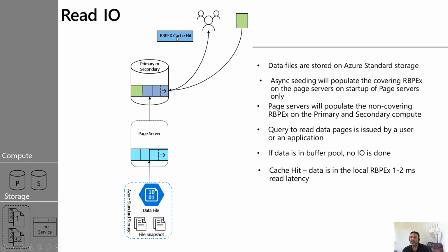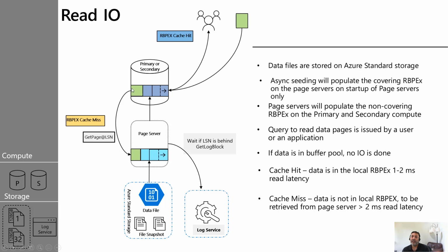If it finds it in RBPX, that read request never leaves the primary or secondary compute, right? If it does not find it in RBPX, then the primary issues a get page for that page and says, give me this page, say page 25 at a particular LSN.